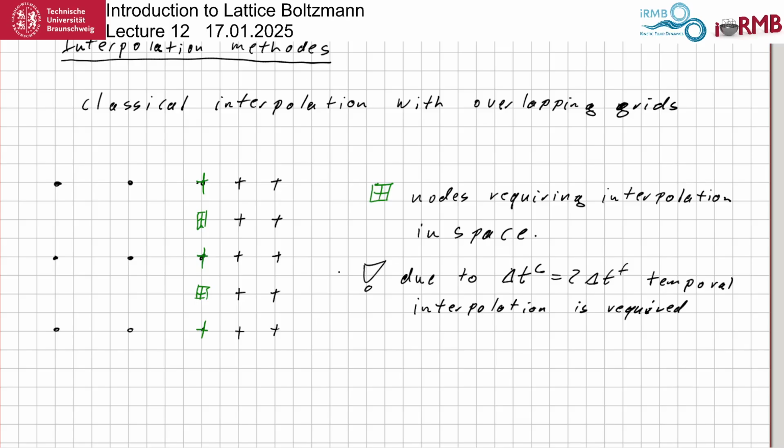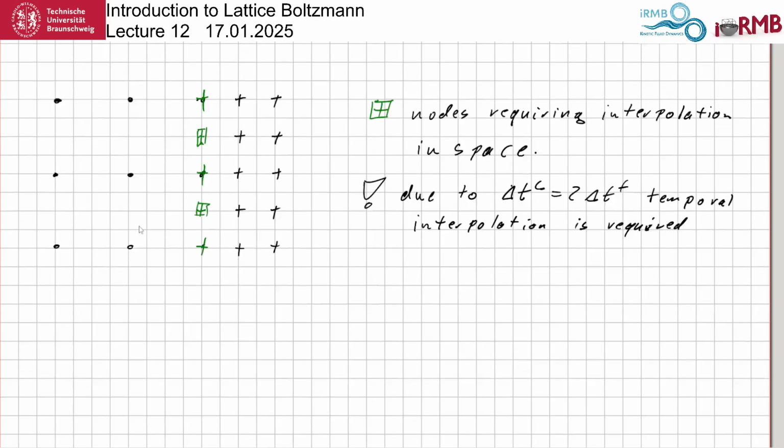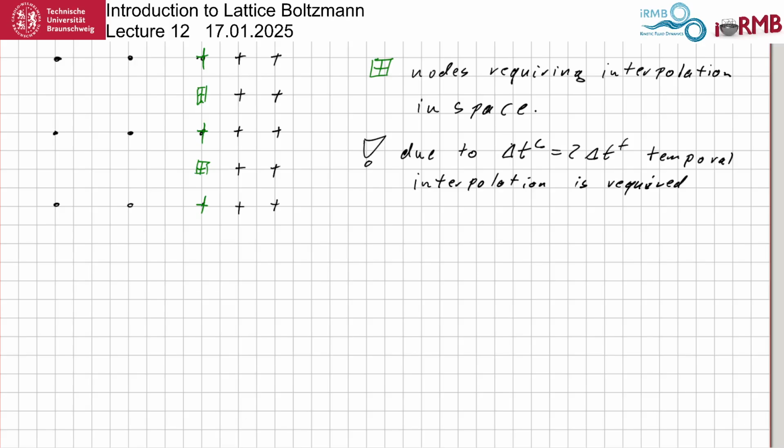So temporal interpolation is required not only for these nodes, but also for these nodes. These nodes also need temporal interpolation when they go to the fine grid. This here actually has no overlap, the nodes that are on both sides. Okay, now how do we do this data transfer?